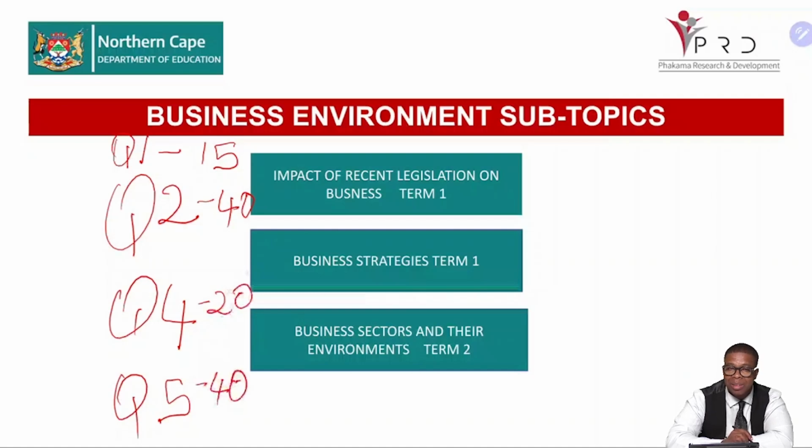So this 115 will be based on the impact of recent legislation on the business, the business strategies, together with the business sectors and their environments. Now let me show you how they can assess you and how you should identify the solutions to the assessments.